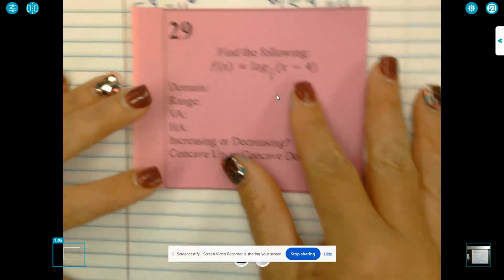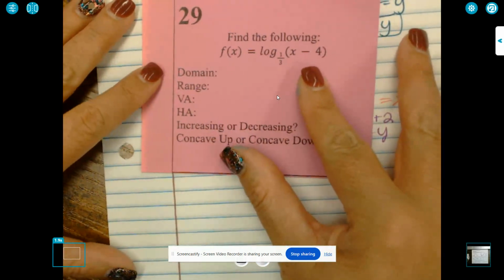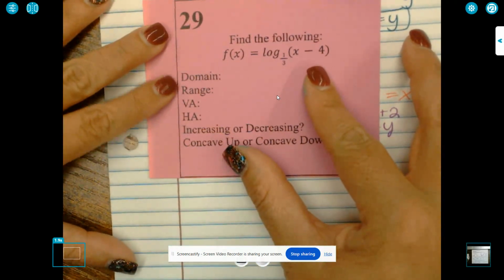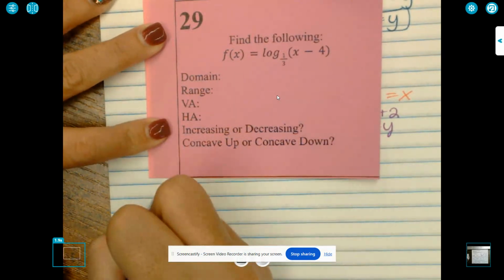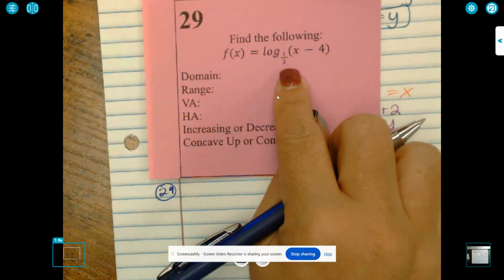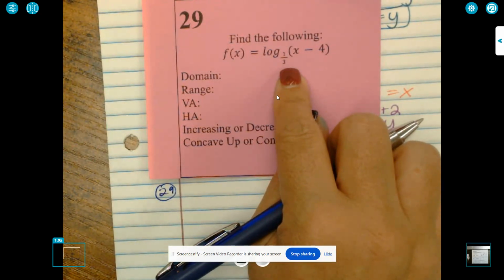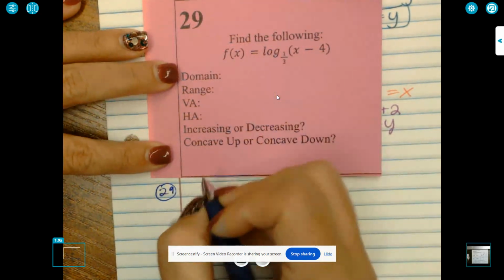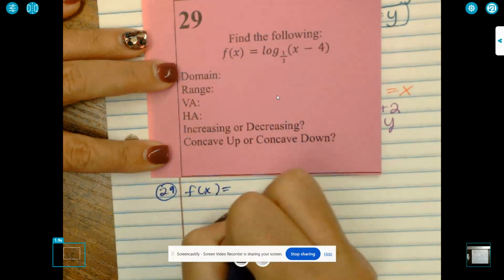All right, so 29, we're right here. I'm just putting it on here so I don't have to rewrite every single one of these. Okay, so for 29, they gave us this function up here. I'll copy it.